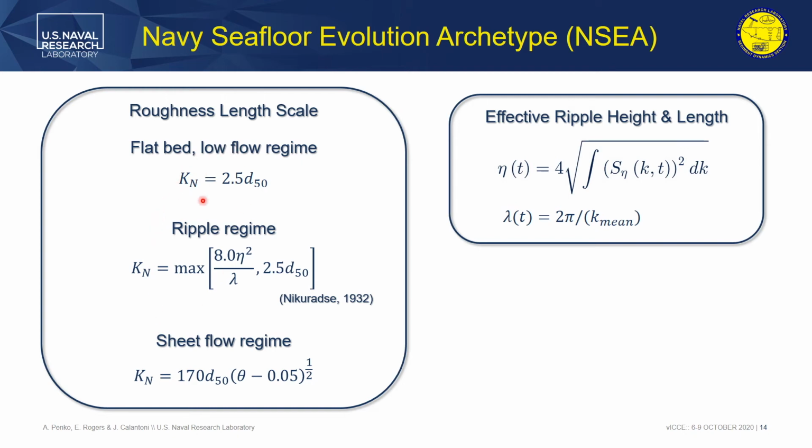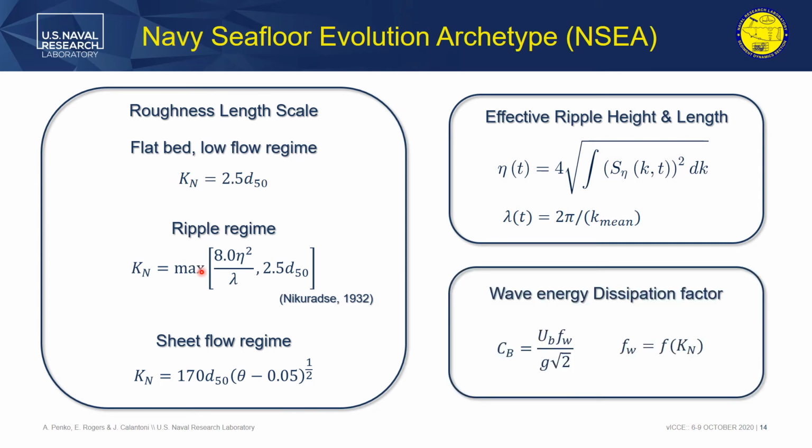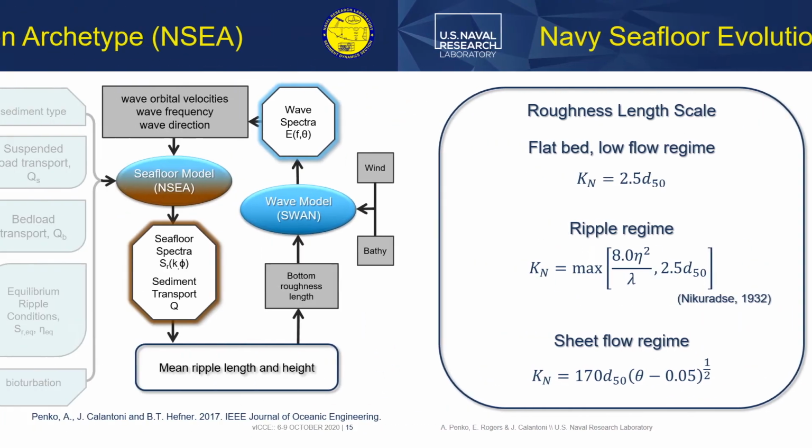So we're calculating roughness length scale Kn. If we're in the ripple regime, it's based on our ripple height. And if we're in the sheet flow regime, it's based on D50. So from our roughness length scale, we can calculate a new friction factor, which goes into our wave energy dissipation factor. And that is then included as a sink term in the wave energy density equation in SWAN.